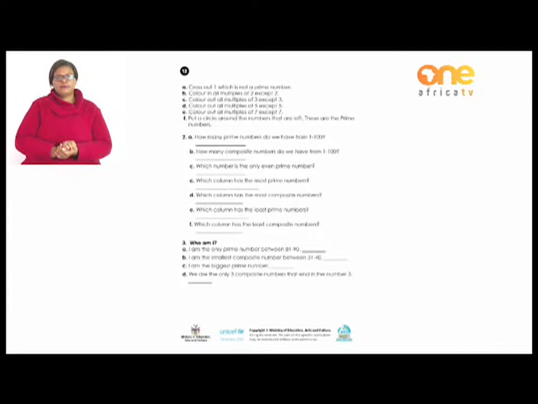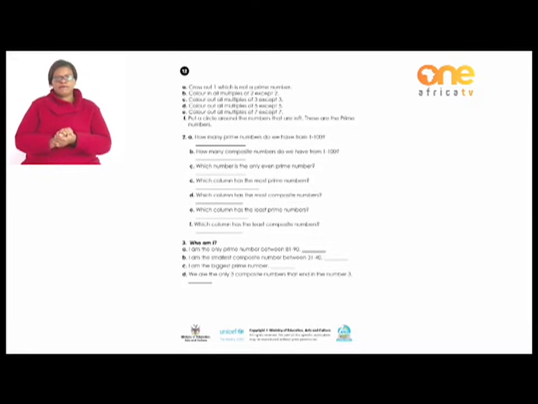So you go back to your table and look at the numbers that you encircled. How many are they? Okay? 2B, it says, how many composite numbers do we have from 1 to 100?